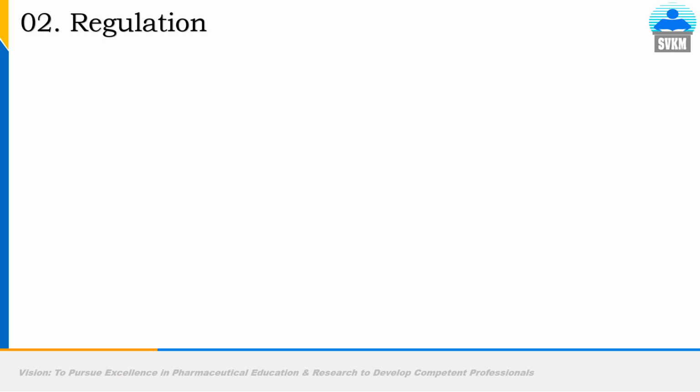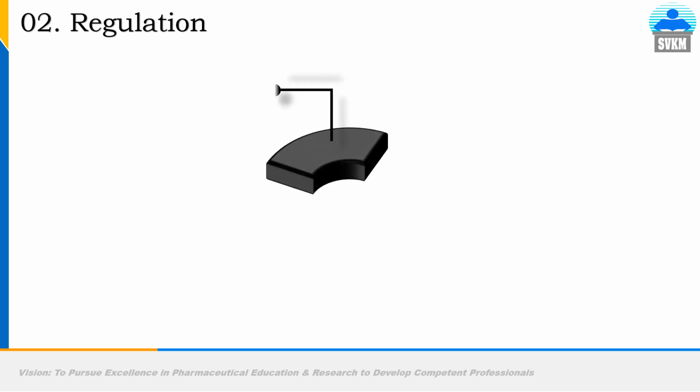Next function, regulation. Basically, if you see, the blood is mainly involved in the control of the homeostasis of the body, or the control of various physiological processes. Already I had discussed the transportation of oxygen, carbon dioxide or certain elements, maintaining the pH and temperature of the body, isn't it?